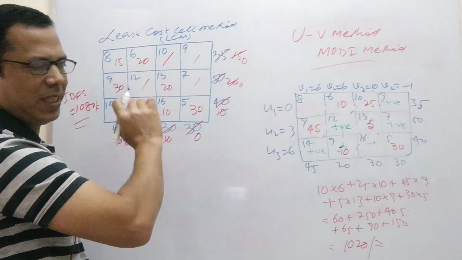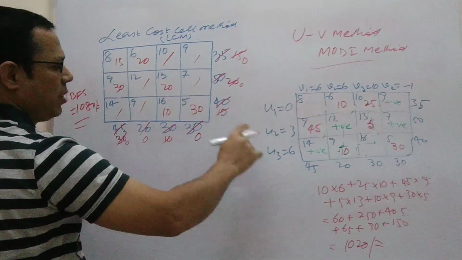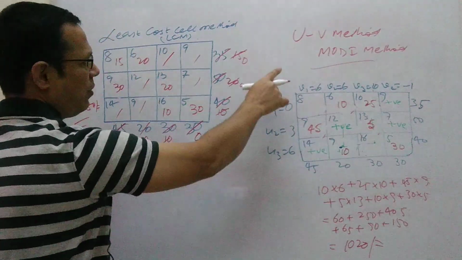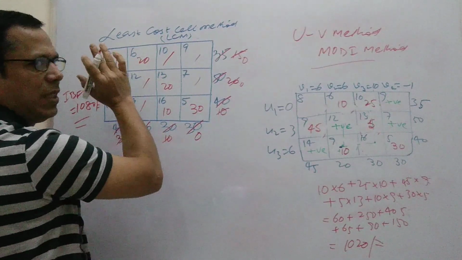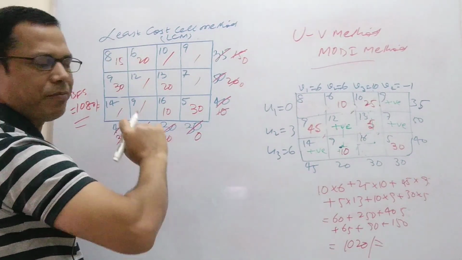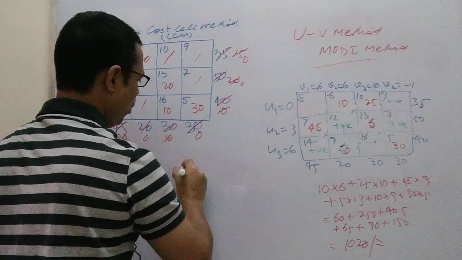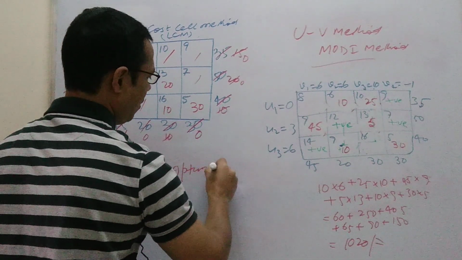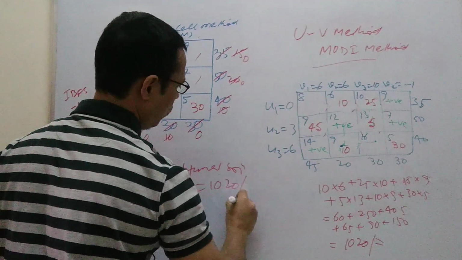It is just for confirmation, because through Vogel's approximation we got the same result, and once we applied the UV method, we got the same result. So Vogel's approximation method itself gave the optimal solution for this particular question, not every time. So we can say 1020 is the optimal result. So the optimal solution for this question is 1020.